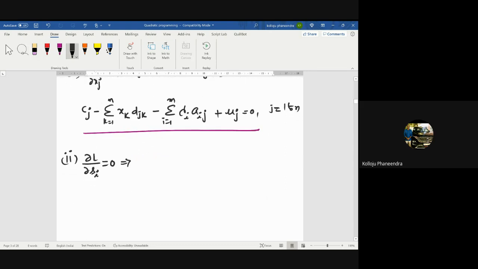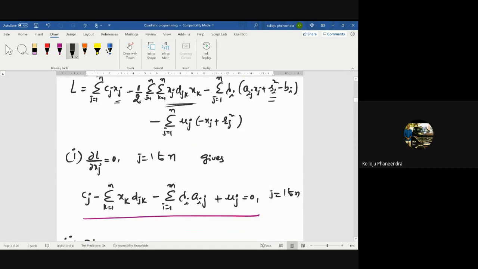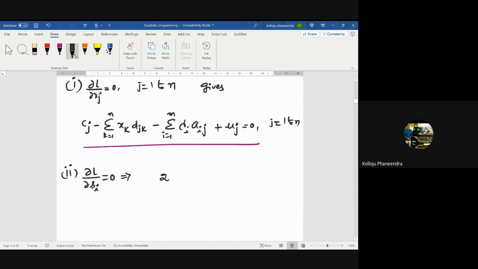So that gives 2 lambda i into Si equal to 0, i equal to 1 to m.